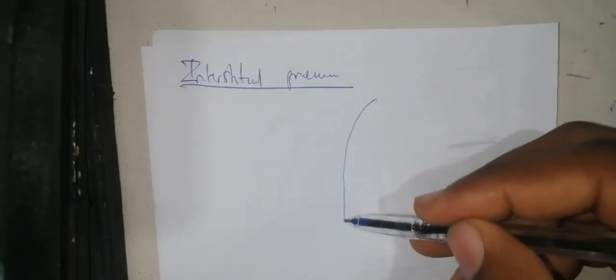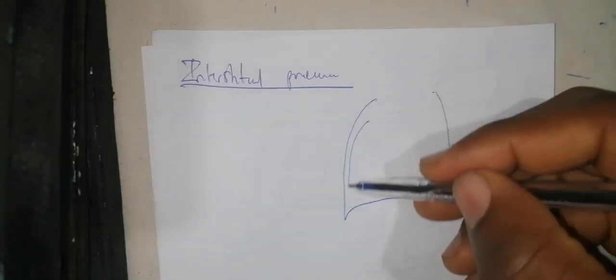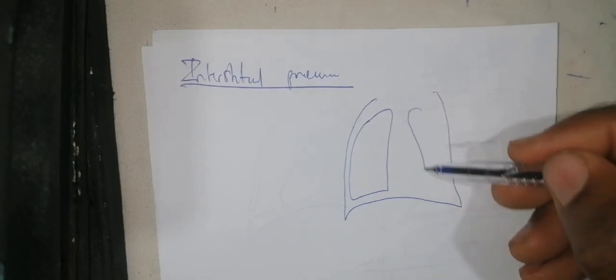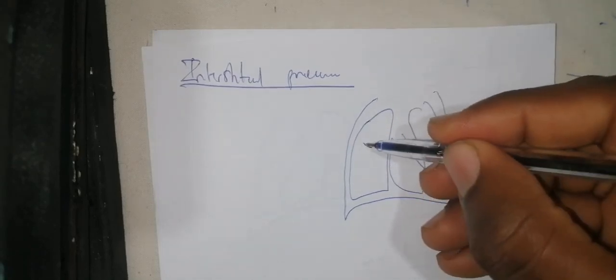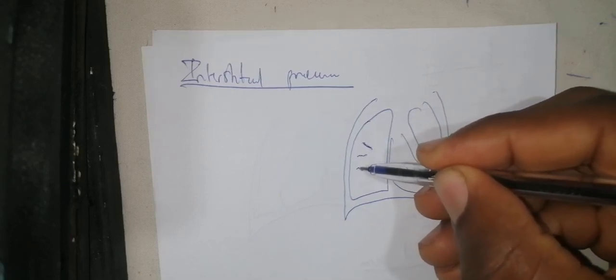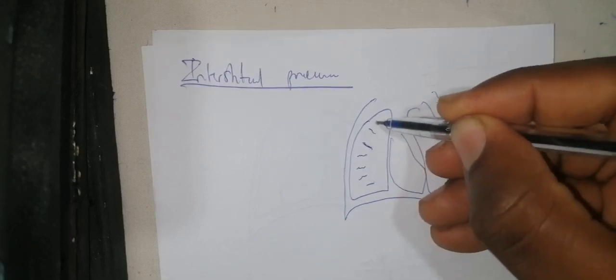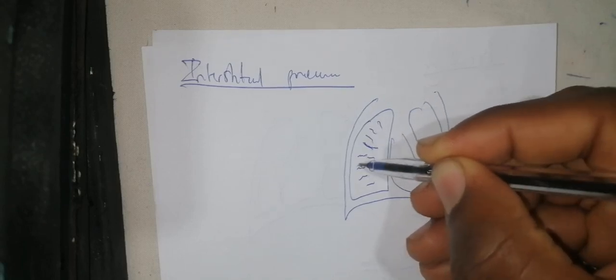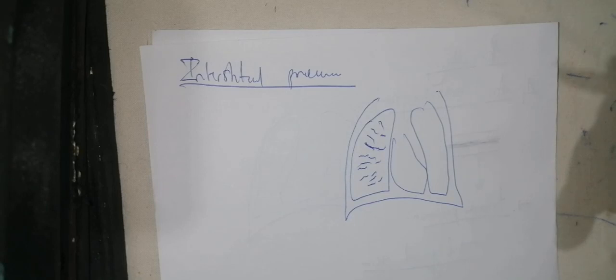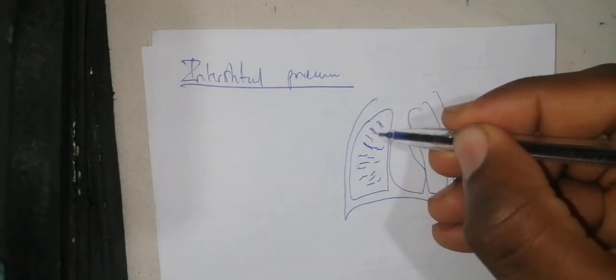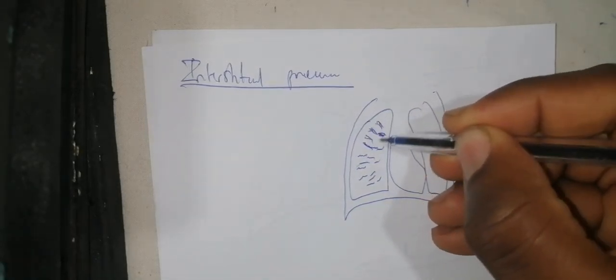Let's say this is your X-ray, with a lung field here, another lung field here, and the cardiac silhouette. If you see lines bending like this, diffuse all through the lung fields, these are reticular opacities.